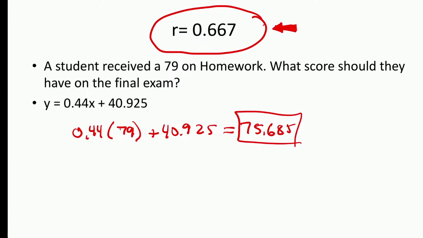Because 0.667 is not close to 1, this is probably not all that accurate. If I were to make a prediction, I would make a confidence interval around this and say someone would be between 60 and 89 or something like that.